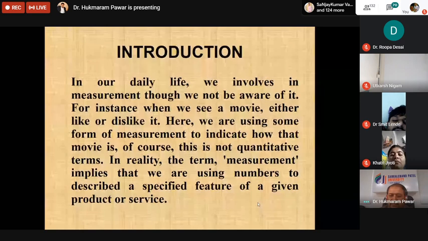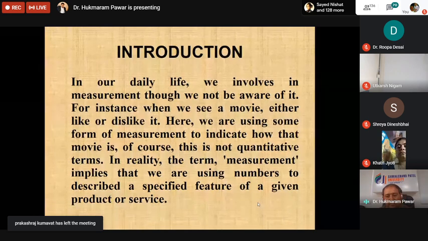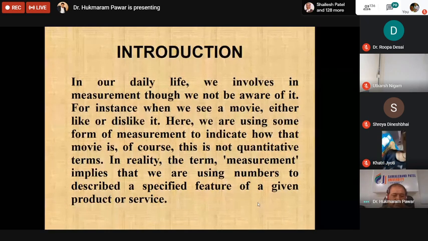In reality, the term measurement implies that we are using numbers. We are required to assign numbers, and numbers are required for measurement, for calculation, and for statistical purposes. So whatever information or data we have, how we measure it, for that purpose we need to understand scales and measurement.